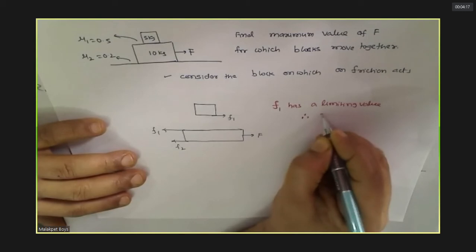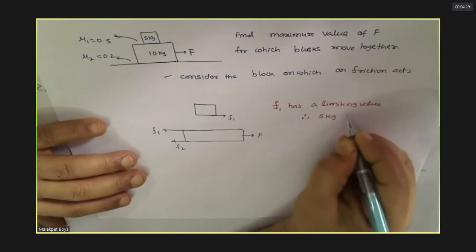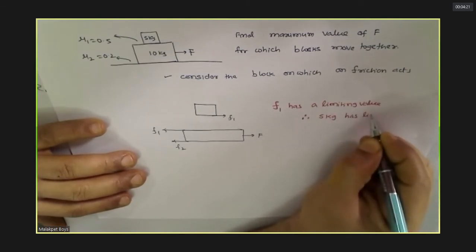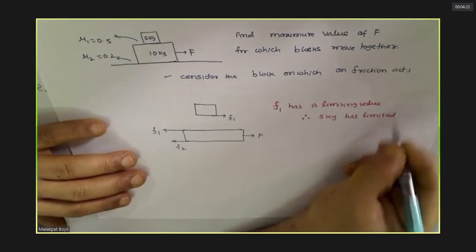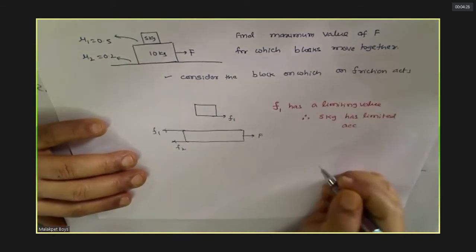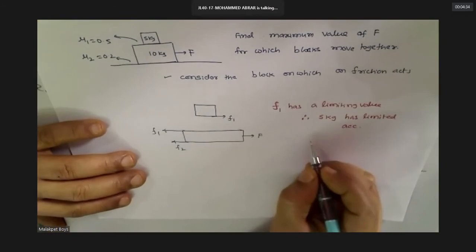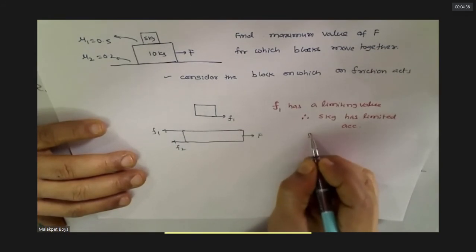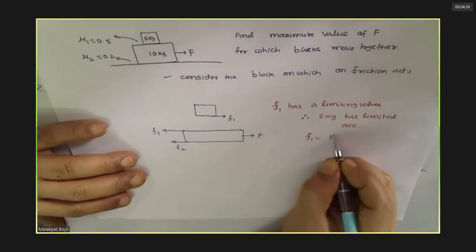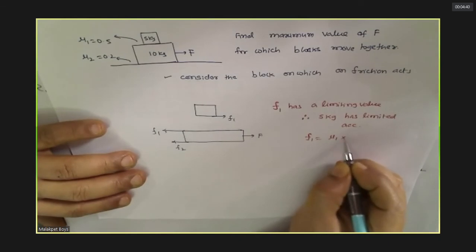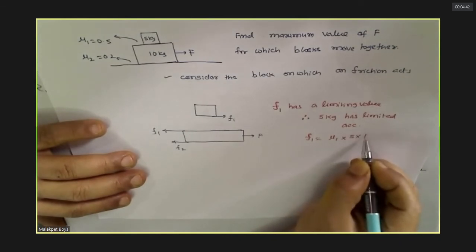Therefore, the 5 kg block has limited acceleration. Agreed. What is the maximum acceleration it can have? We can see that the blocks are moving together. F1 equals mu1 into 5 into g.